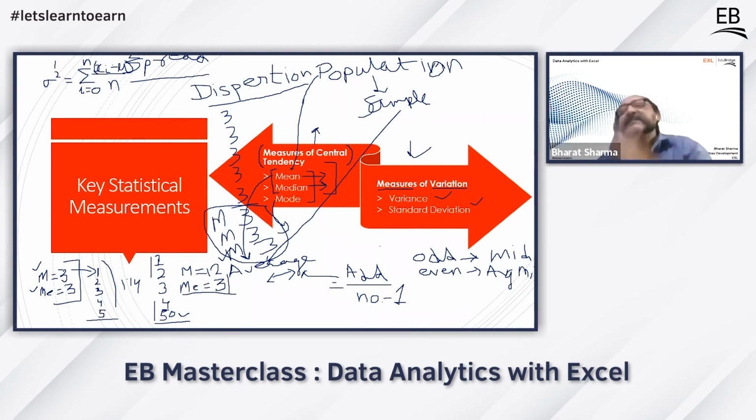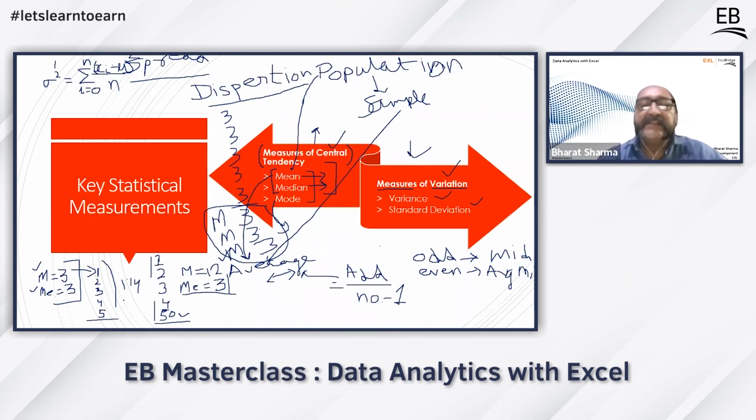If I have to compare these two data sets, 1, 2, 3, 4, 5 and 3, 3, 3, using only central tendency, then I would say there is no difference, because mean and median is 3, mean and median is 3. But still there is a difference in the data set, and that difference can only be found when you calculate the variation.